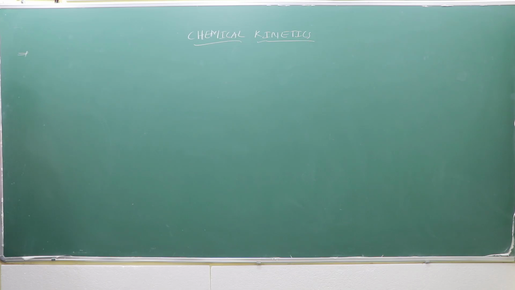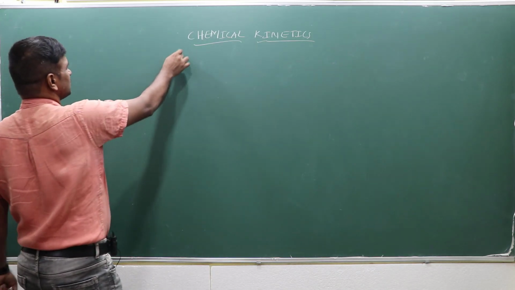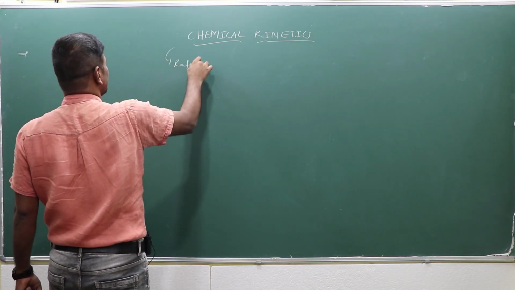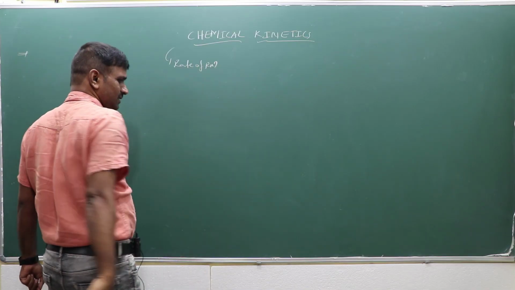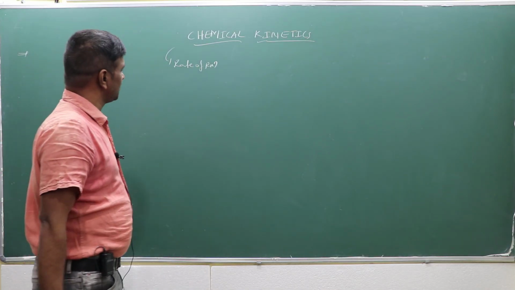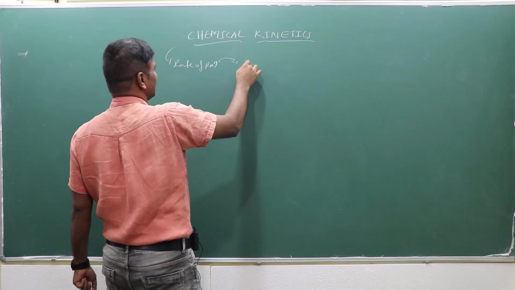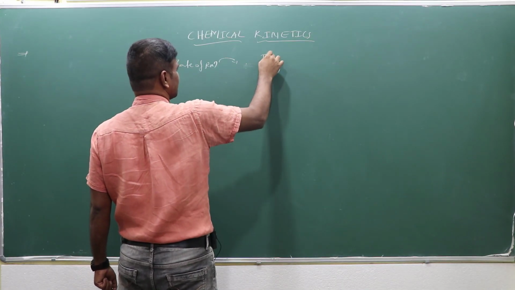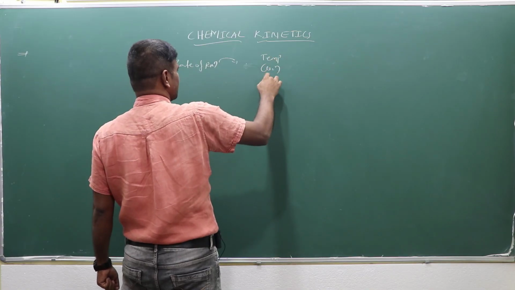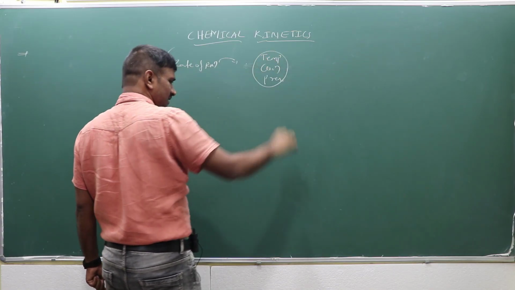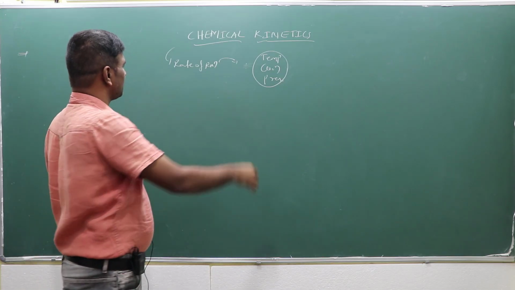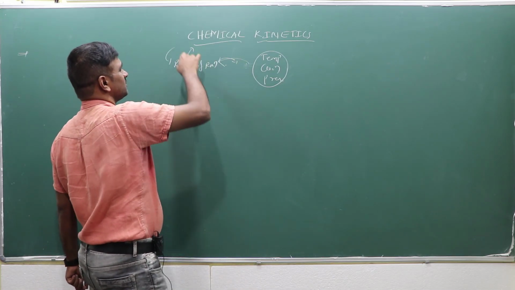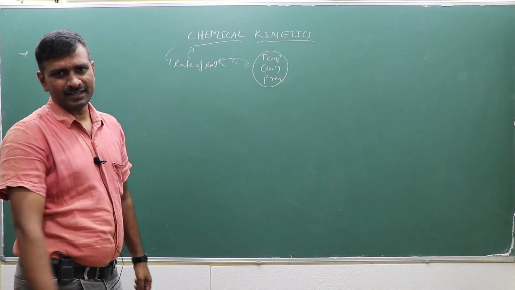Now, from the chemical kinetics point of view, you have to measure the rate of reaction: how the rate of reaction proceeds under given conditions of concentration, temperature, and pressure. This is explained by chemical kinetics.